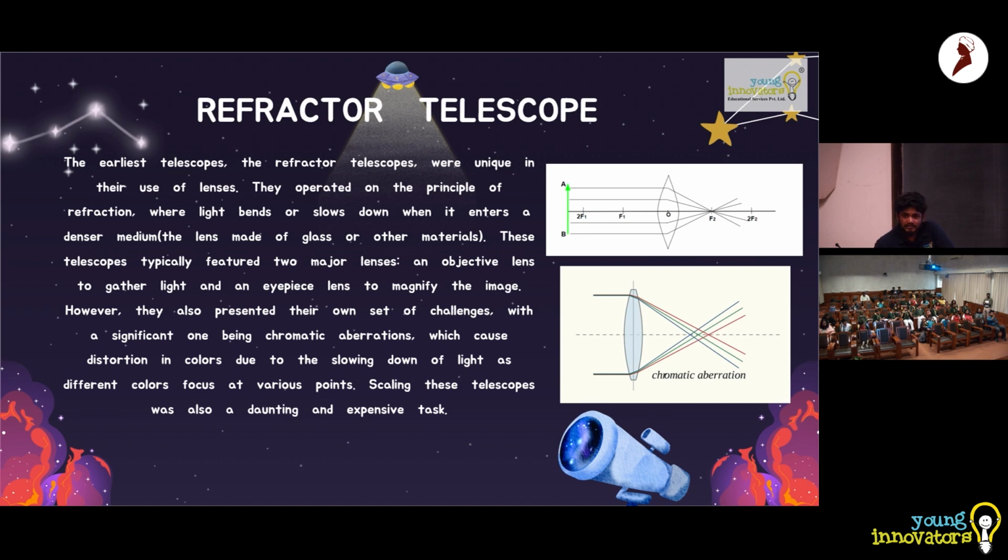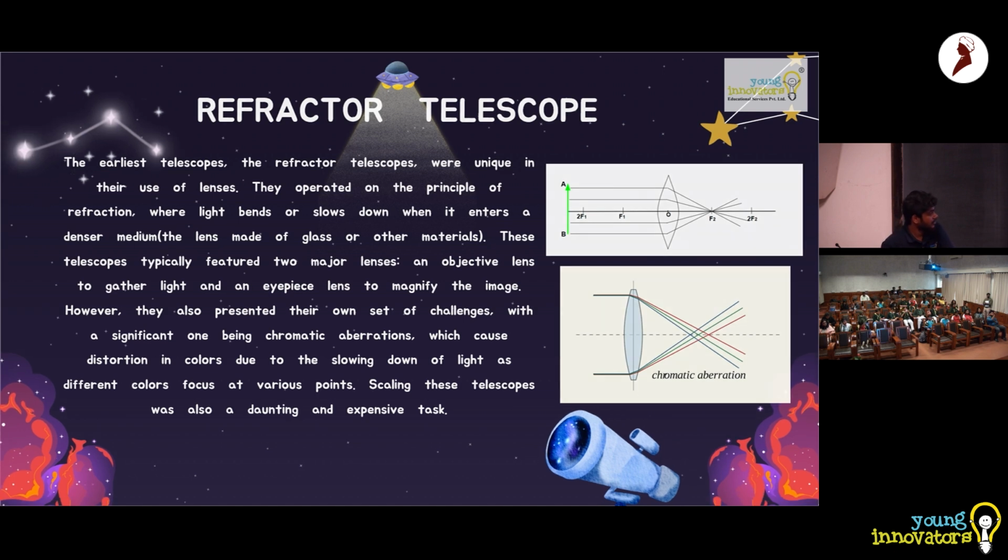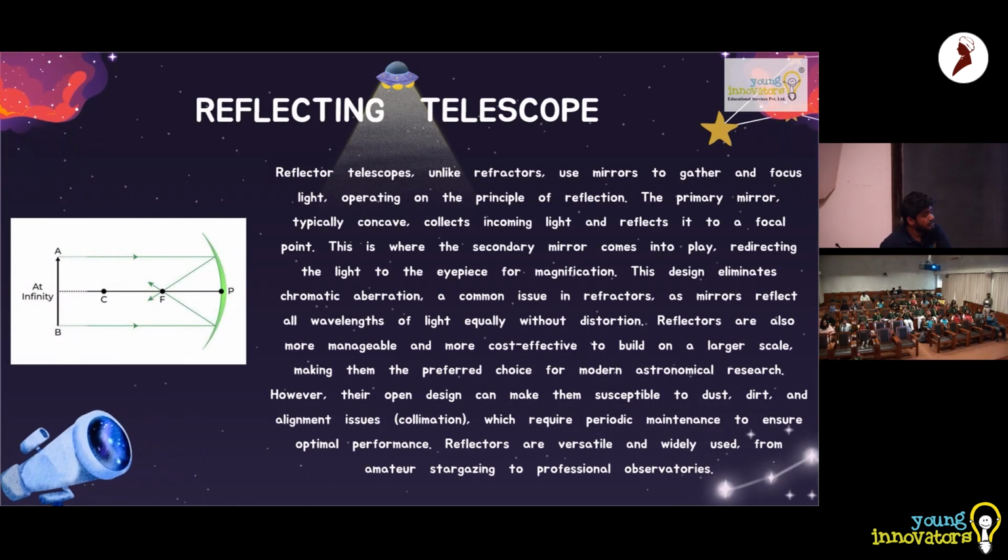What Isaac Newton did was basically modify Galileo's design of the telescope, and instead of lenses, he used mirrors. Now, not just any mirror. What type of mirror is this? How many for concave? How many for convex?